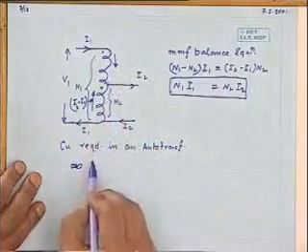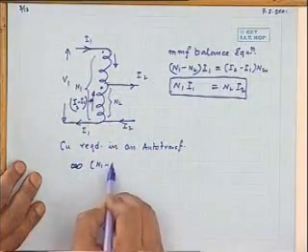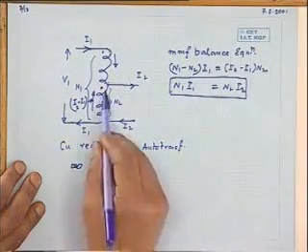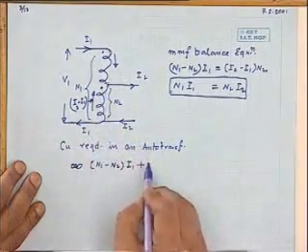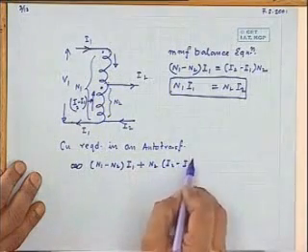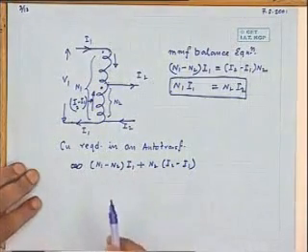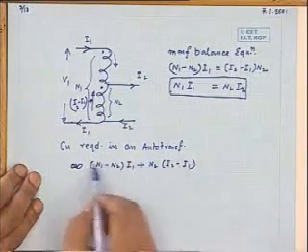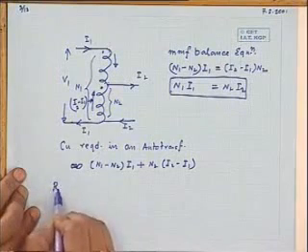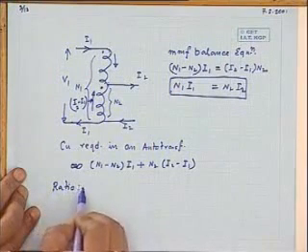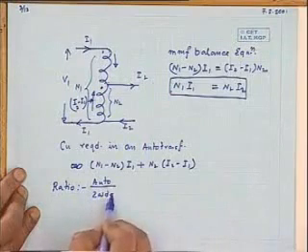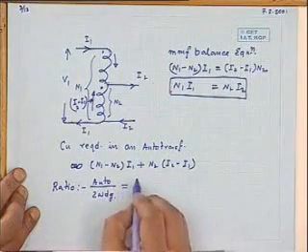Proportional to, for this portion, N1 minus N2 is the length into I1, plus for this portion, N2 into I2 minus I1. We are trying to calculate the ratio. So this one will be the ratio, that ratio I am not once again writing, that is auto by two winding transformer, the same ratio.